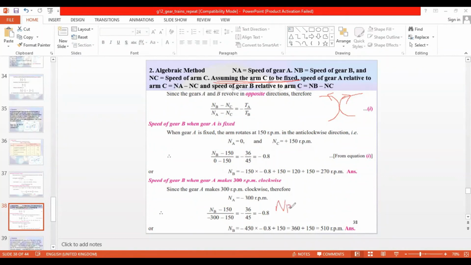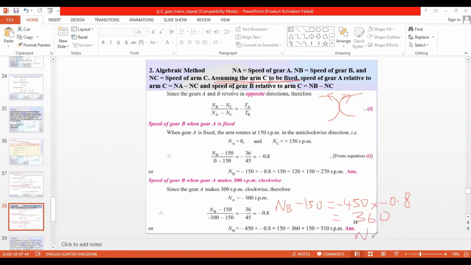So if I write it out, NB minus 150 is equal to minus 300 minus 150, that is minus 450, into minus 0.8. Minus into minus is plus, so 450 into 0.8 is equal to 360.